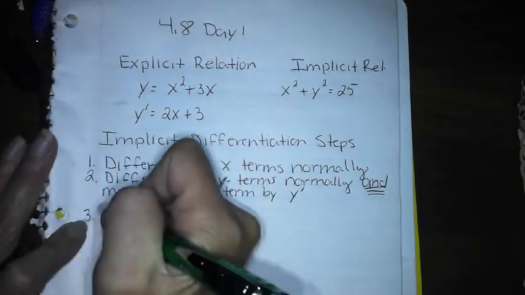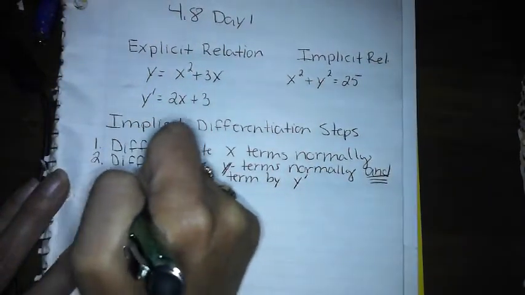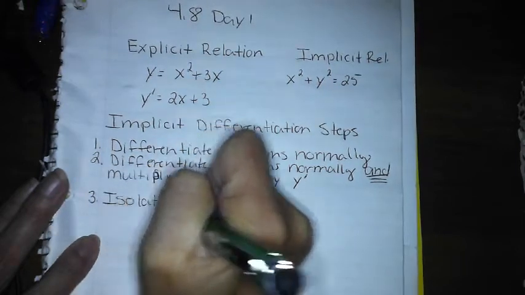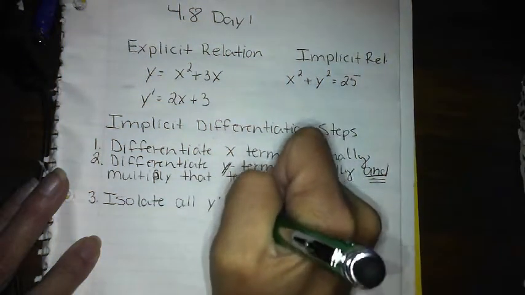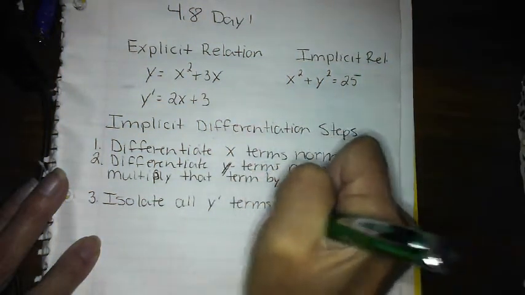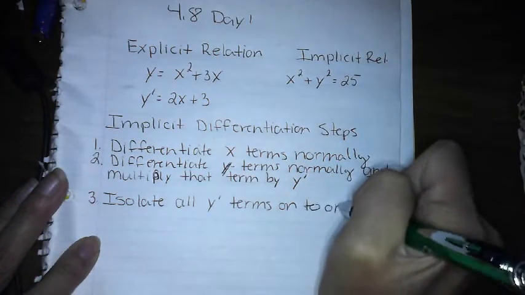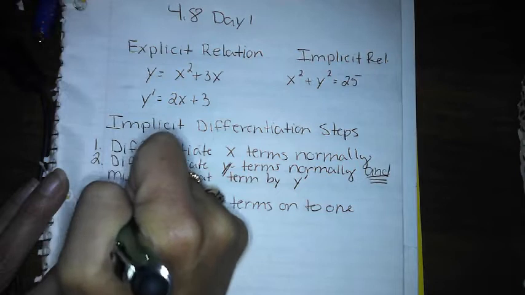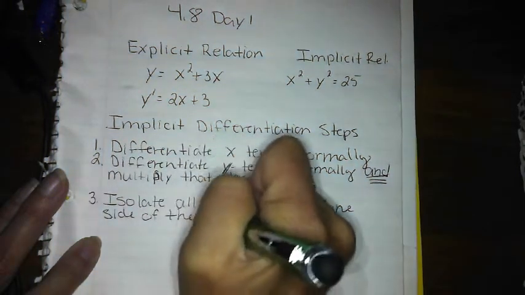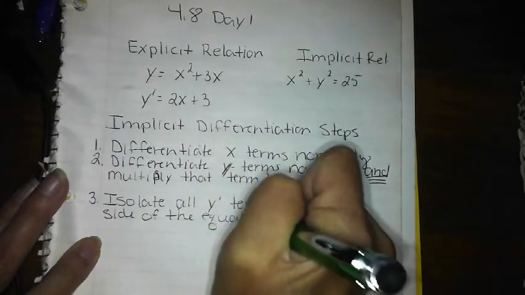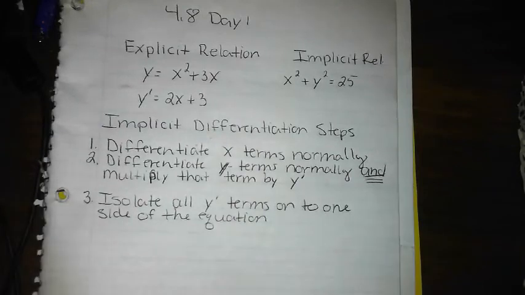So the third step is to isolate all y prime terms onto one side of the equation. You can get them all to the left side or all to the right side, it doesn't matter.